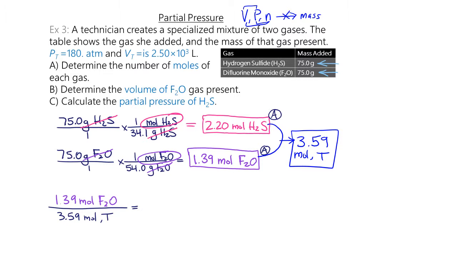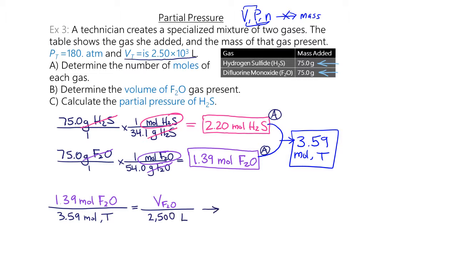That is equal to, we are trying to determine the partial volume, so we're going to say V of F2O over the total volume, which is given way up here. The total volume is 2.5 times 10 to the third, which is 2,500 liters.